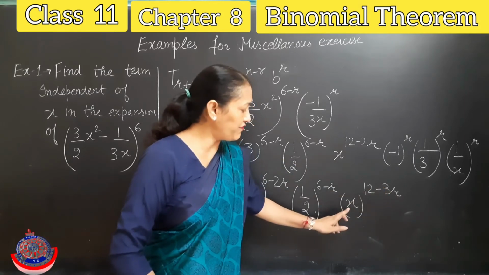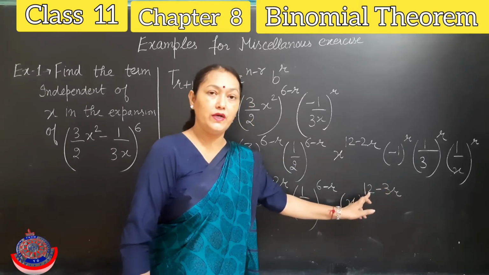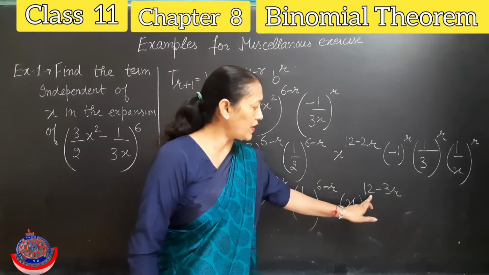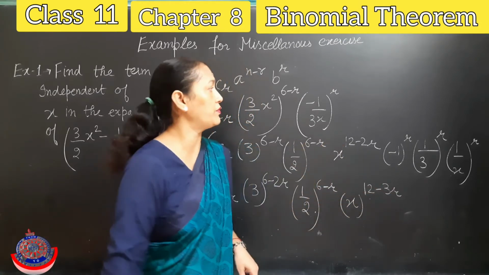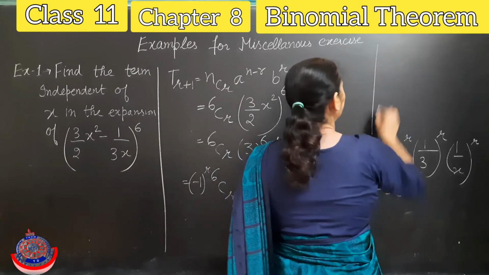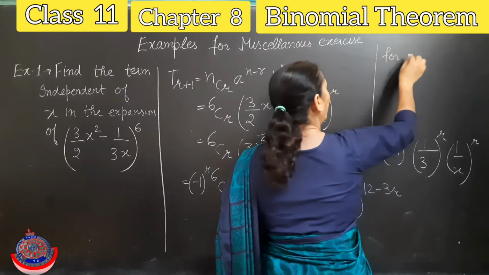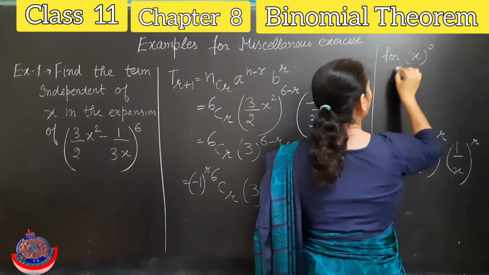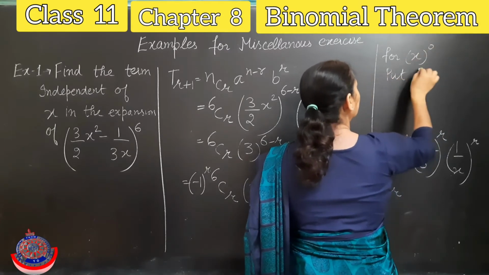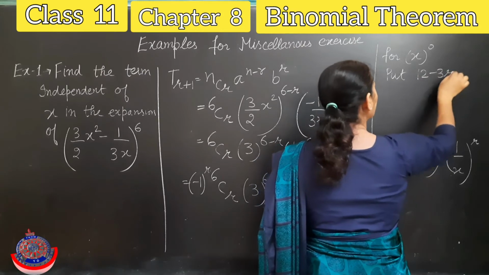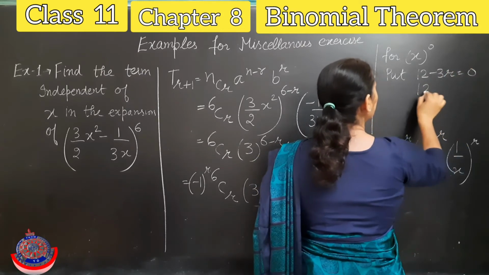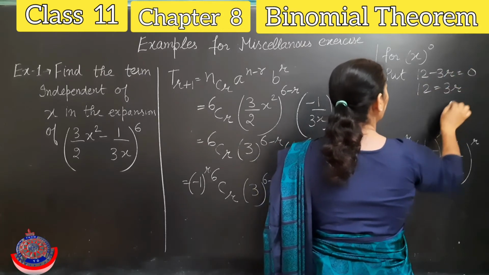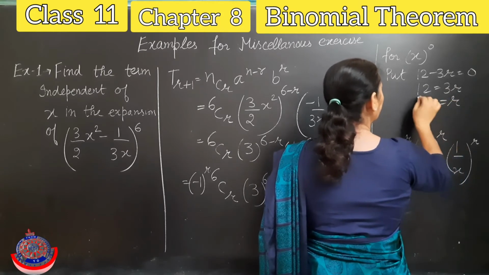So if we want x power 0, we will have to put 12 minus 3r equal to 0. That means 12 equals 3r and r comes out to be 4.